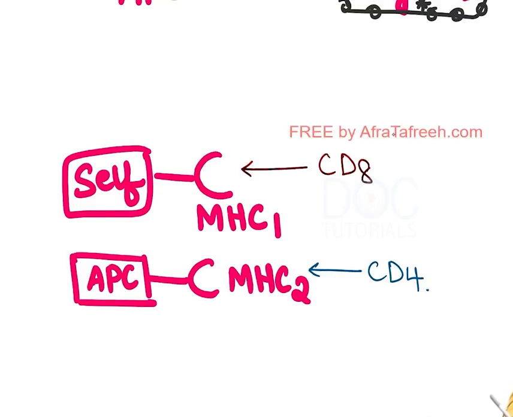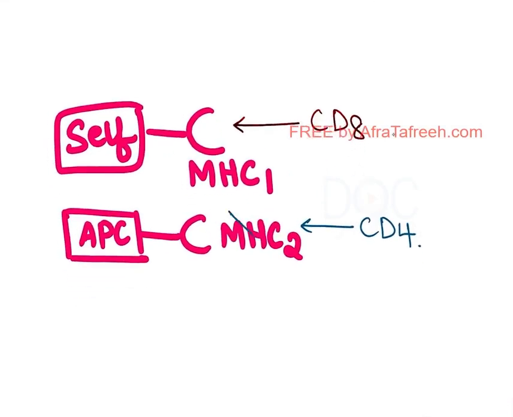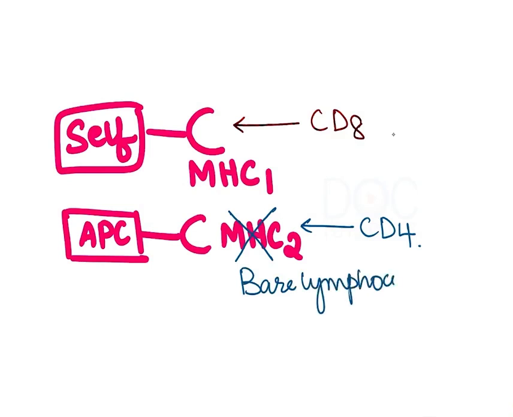So this was a very, very important event. So much so that suppose there is a deficiency of MHC2. Then CD4 does not know the antigen presenting cell. Even though the antigen presenting cell is standing with the antigen, CD4 would say, I will not take antigen from you, I don't know you. So this disease is called Bare lymphocyte syndrome.